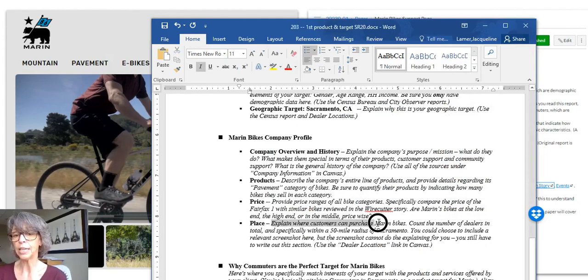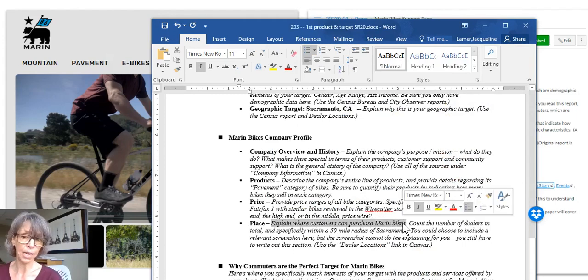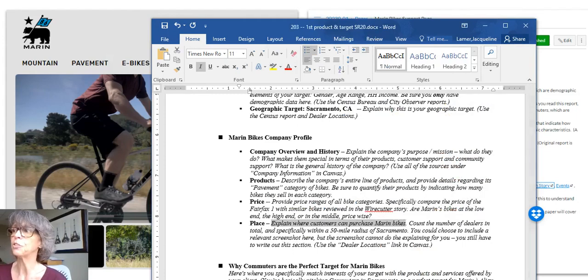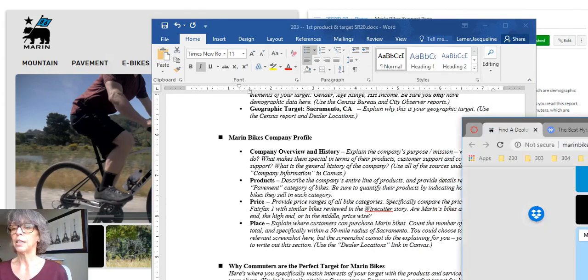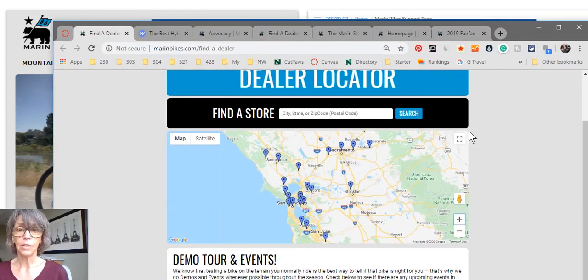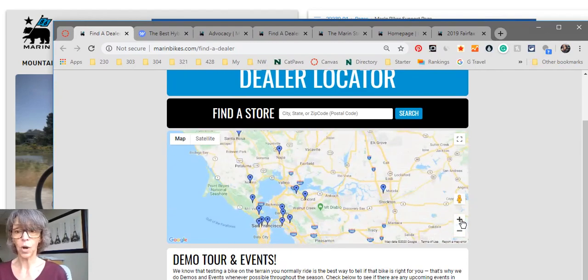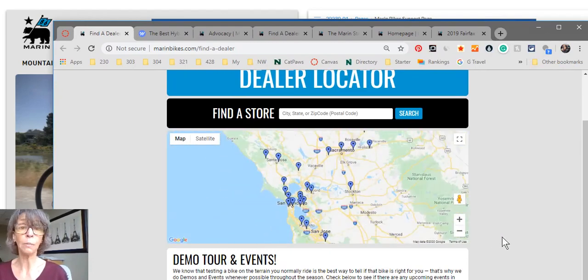Where can customers find these bikes? So that's what you're writing about. You want to quantify, so you want to count the dealers here. Just count them. If you have to zoom in, go ahead and zoom in, because numbers are good. Are the bikes available at 2 bike shops or at 200 bike shops? Makes a difference. So you want to use numbers.